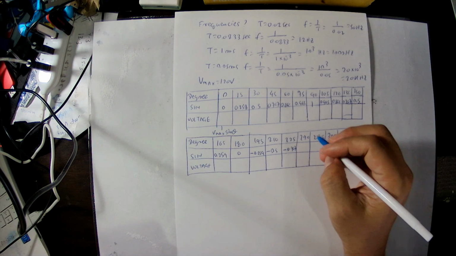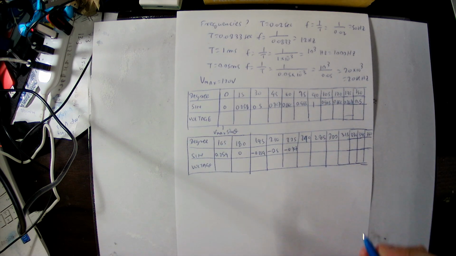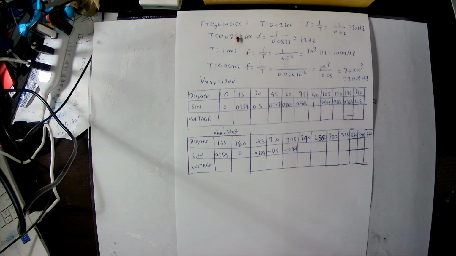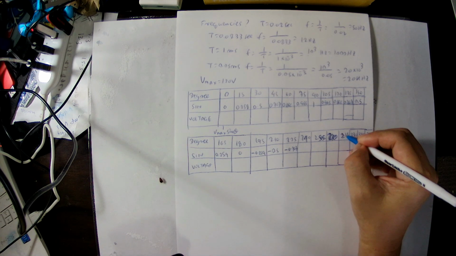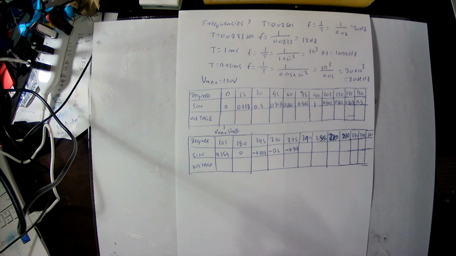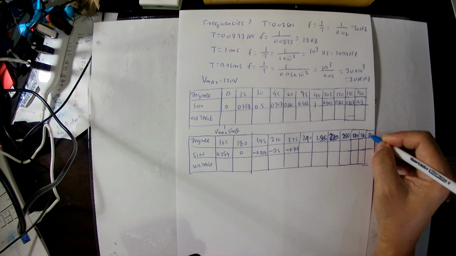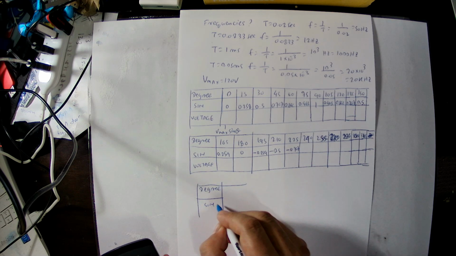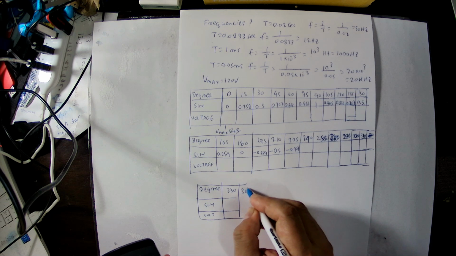Sine 240, sine 255, and sine 270, sine 285, sine 300, sine 315, sine 330, and sine 360. So those are the sine values.